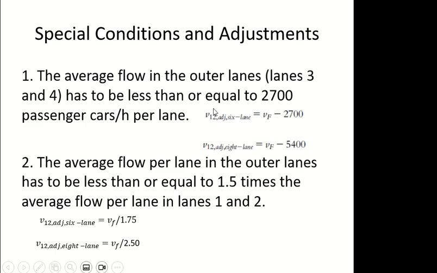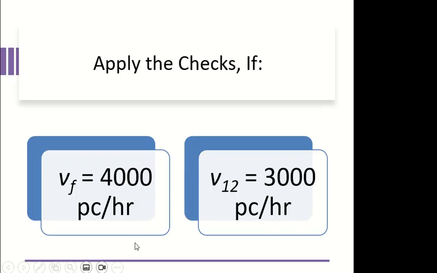In the first one you are checking against 2700. In the second case you are checking against 1.5 times the inner lane per lane flow. In any case, if the check is not satisfied, V12 must be recalculated using one of these equations.